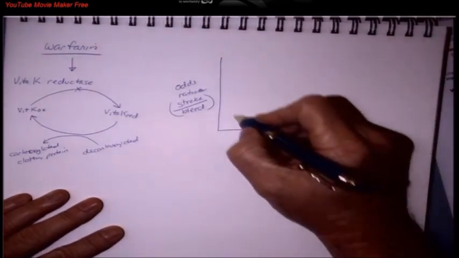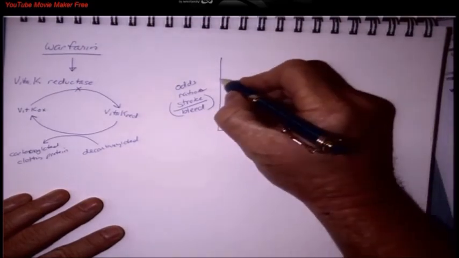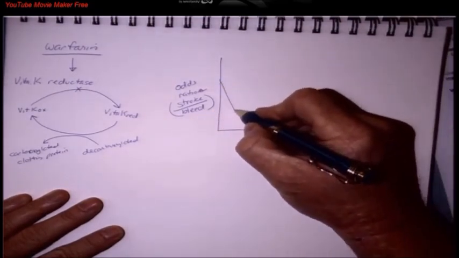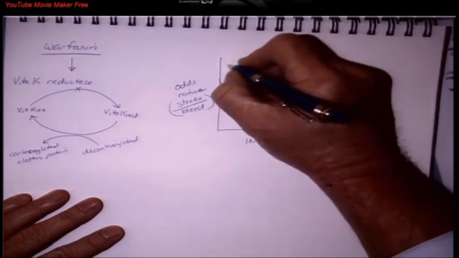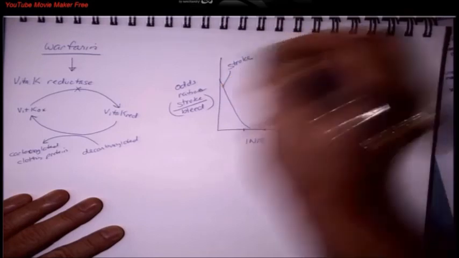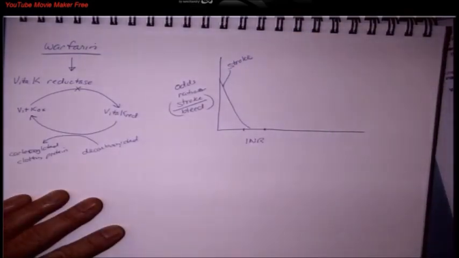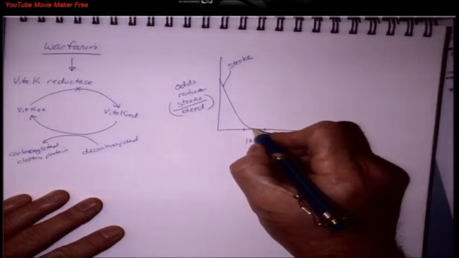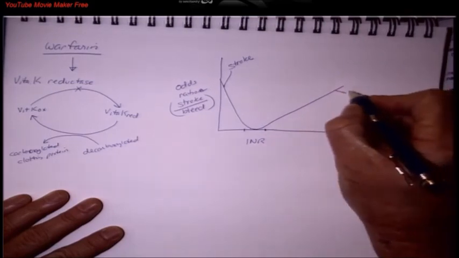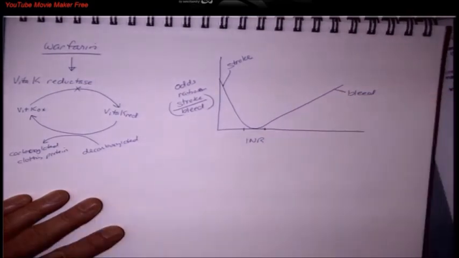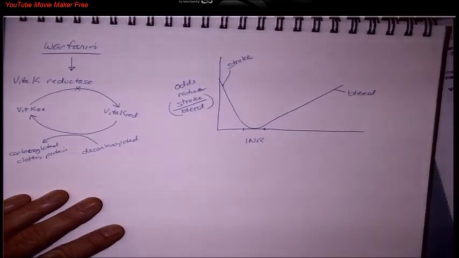If we go below this INR, that means a decreased prothrombin time, and that means an increase in stroke risk, because we're clotting too fast. If we have an increase in INR, this is an increase in a bleed, because that means our clotting isn't happening fast enough.